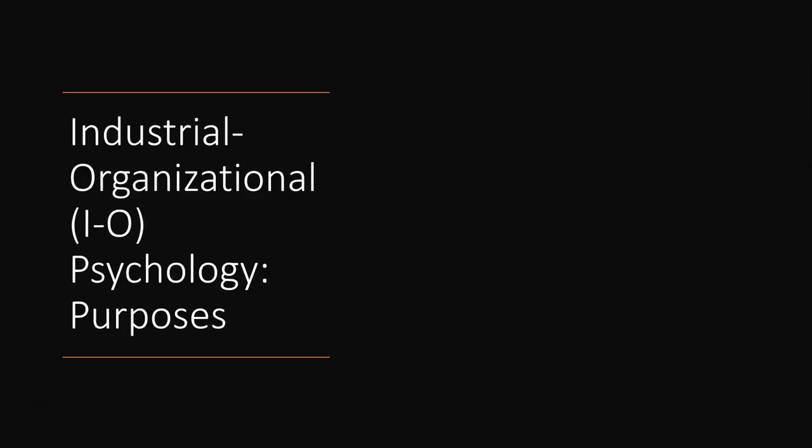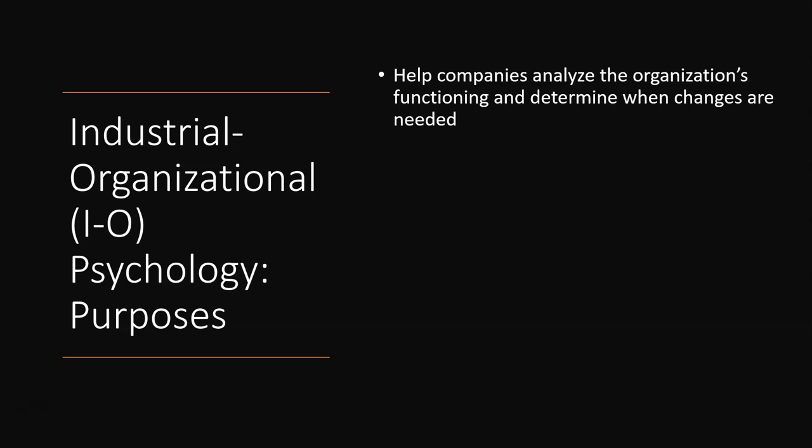Some of the purposes of IO psychology, more broadly expressed: the overall goal is to help companies understand how their organizations are functioning and to articulate when changes need to be made. So if you have an organization, for instance, that's struggling with productivity, maybe struggling with absenteeism and turnover, that's definitely a threat to the organization's success.